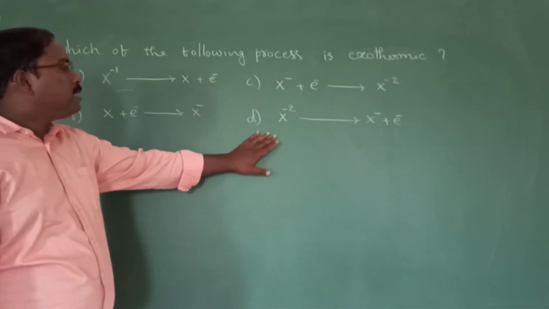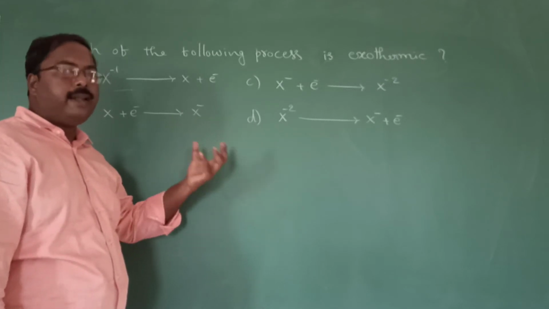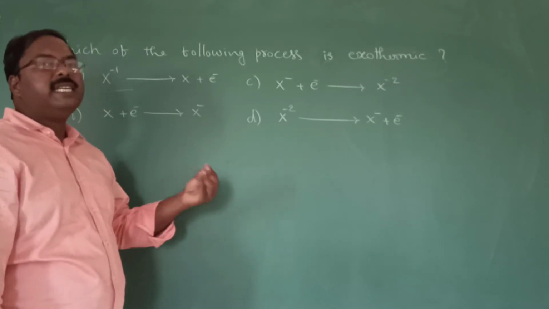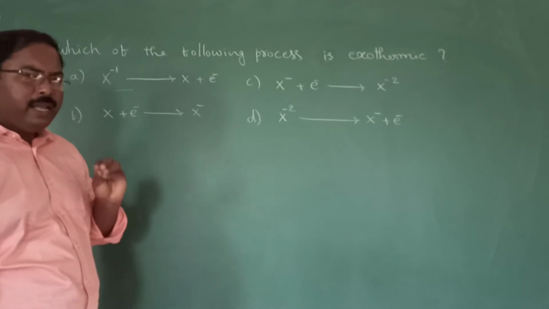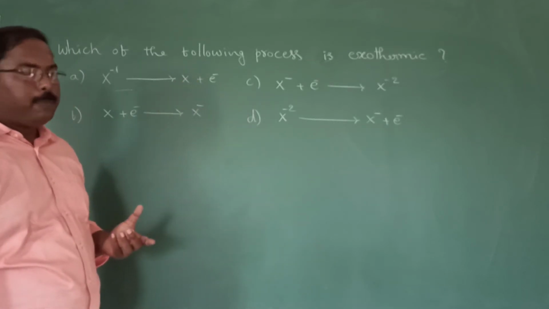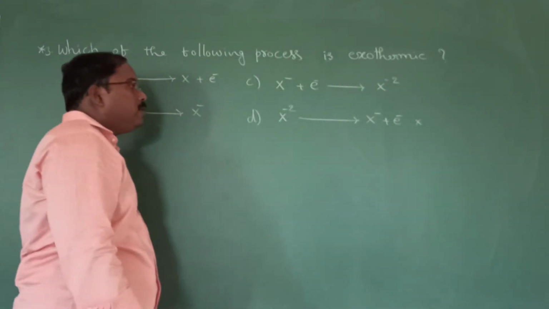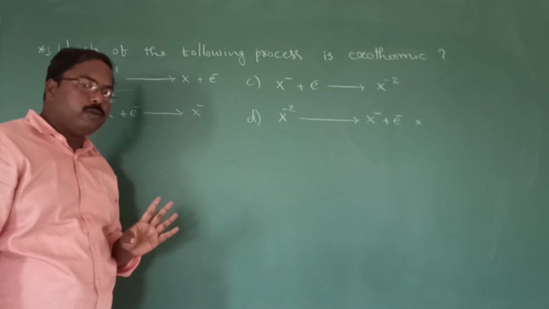Electron removed means ionization potential, so energy is required and it is always a positive value. Positive means an endothermic process, so this is also not our correct answer. Option 1 and option 4 are ruled out.